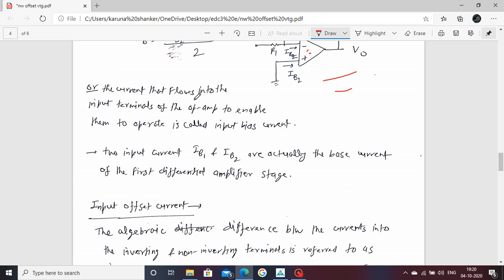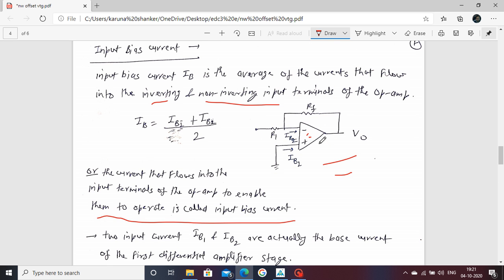It is also the current that flows into the input terminal of the op-amp to enable it to operate. Input bias current is basically the base current of the transistors in the initial differential amplifier stage. The average of the inverting and non-inverting terminal currents is called input bias current.